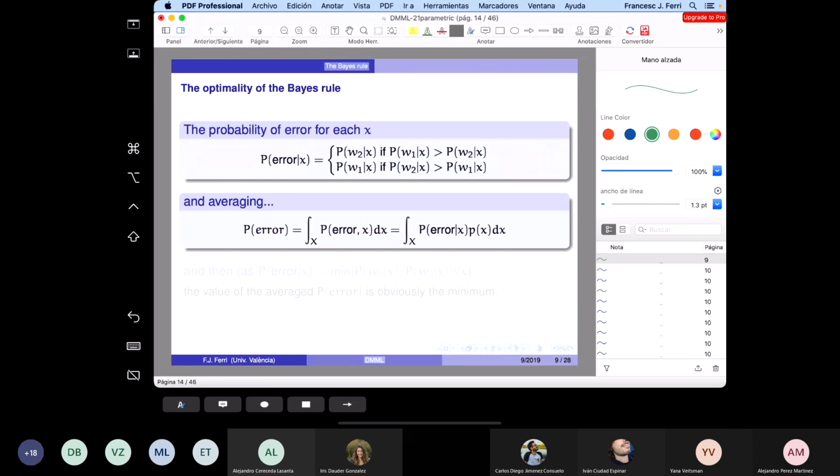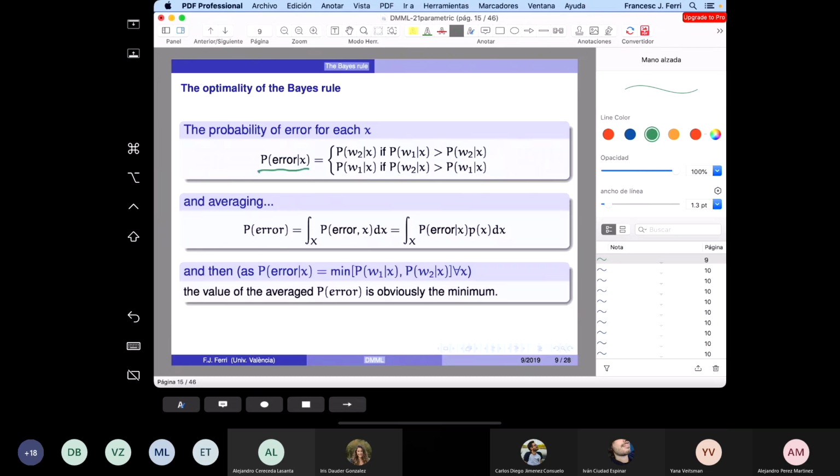It's okay? Which is nothing but this. I mean, because this integral becomes the area under the curves. It's okay?